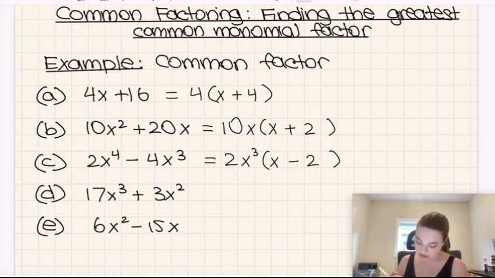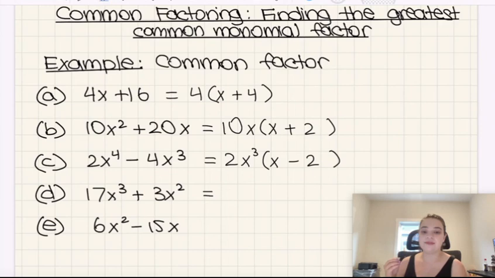Okay, let's try D. For D, the coefficients are 17 and 3. Now, both of these are prime numbers, and so there's not going to be a greatest common factor between 17 and 3 other than 1, so we can skip that part. What about between x cubed and x squared, though?